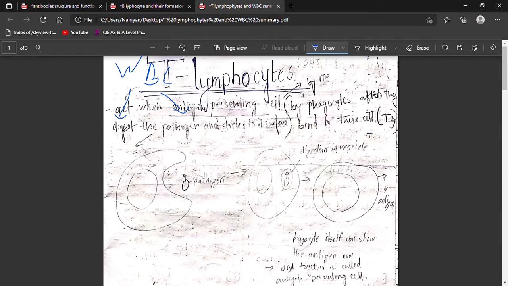So when phagocytes ingest and kill the pathogen, the antigen comes out of the cell and sticks out like this, and that we can call an antigen presenting cell.